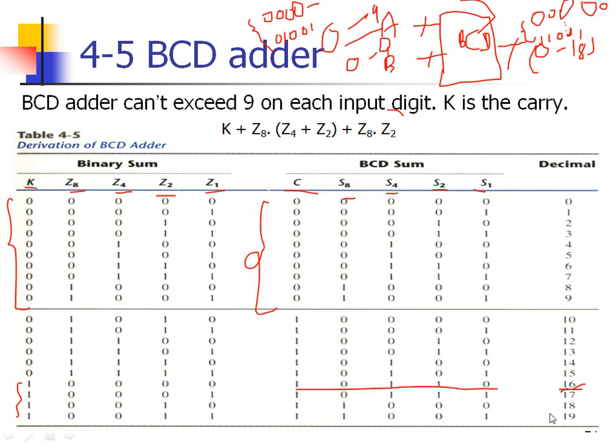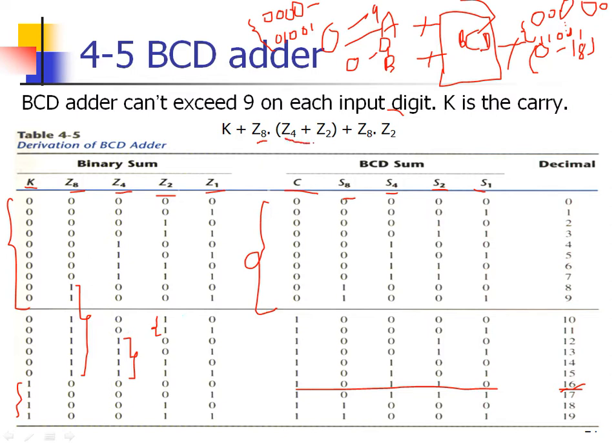Okay, the first case. Let us see the second case, what it would be when Z8 is equal to 1. See here, Z8 is equal to 1 is given here. At the same time Z4 or Z2 should be equal to 1. See here, Z8 should be equal to 1, hence we are writing it as Z8, and Z4 or Z2 is equal to 1.